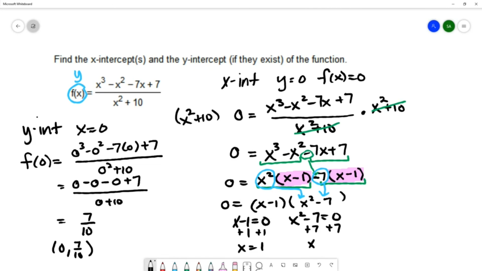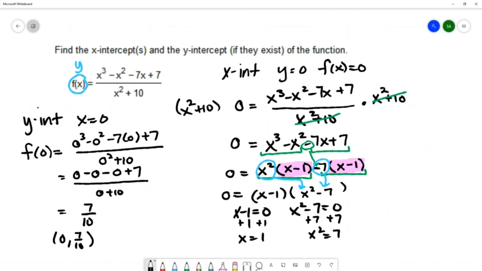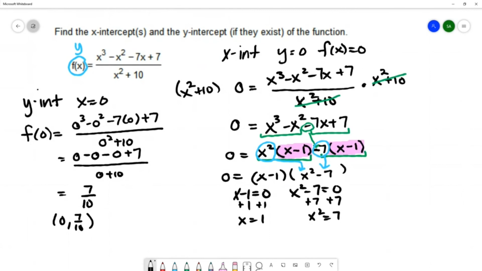That gives me x squared equals 7. And I'll continue solving by square rooting both sides. And when you square root a square, they cancel each other out and you get plus and minus on the other side. And so we have positive square root of 7 and negative square root of 7.